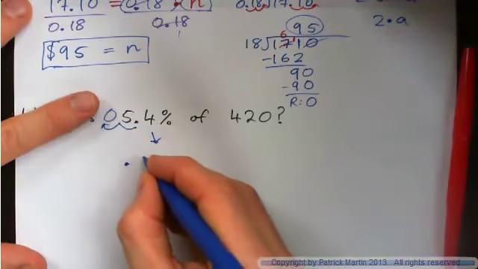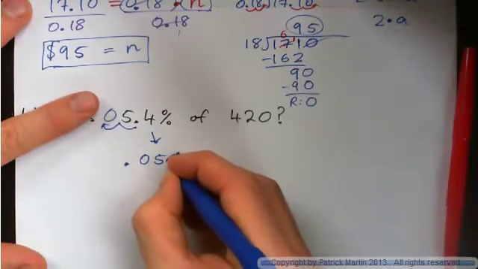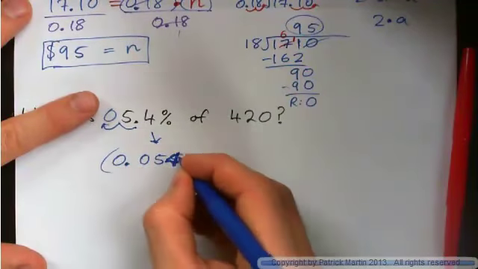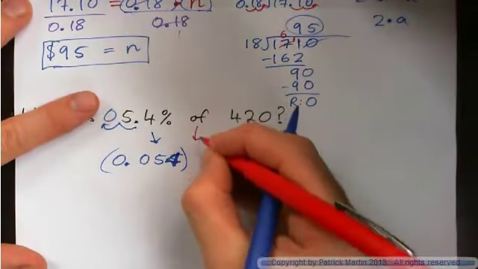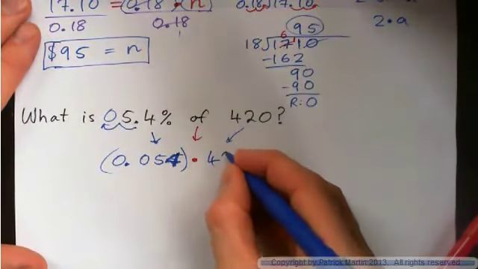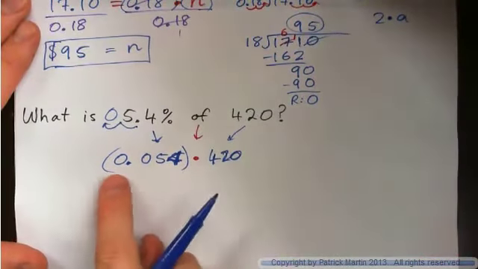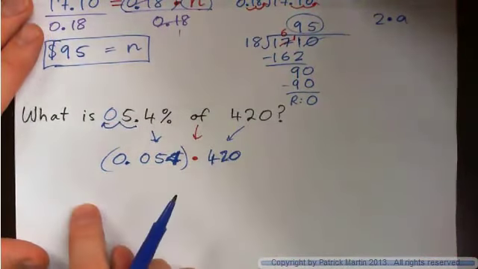So 0.054 of, multiplied by 420, right? So I need to multiply this times this.